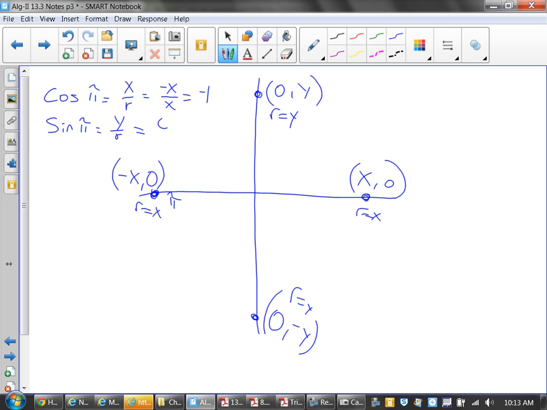In this case, that's 0 divided by x. And what's 0 divided by x? Did you guys notice a little something here? Cosine of pi is negative 1. What is the x coordinate? It's the cosine. What's the sine? It's 0. Remember, your ordered pairs go cosine, sine.